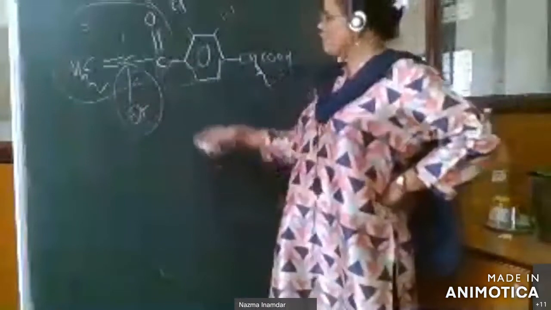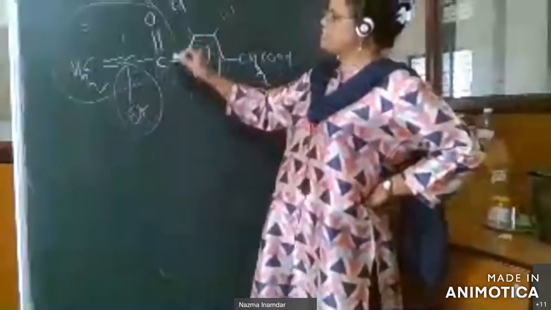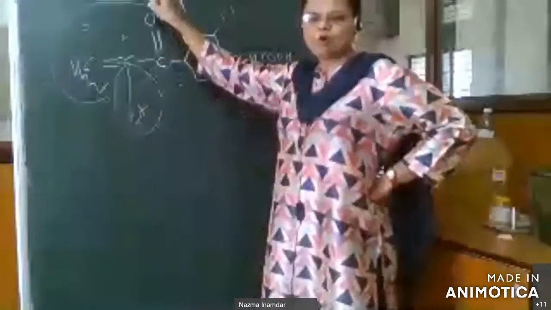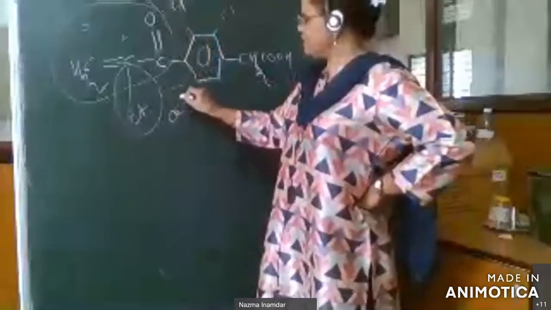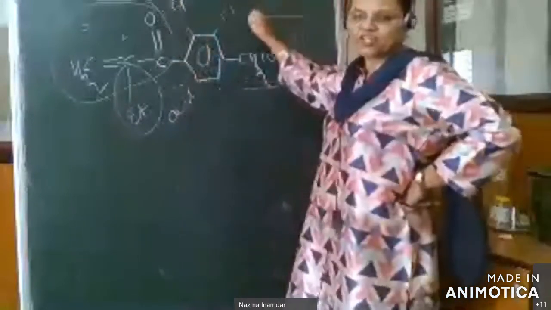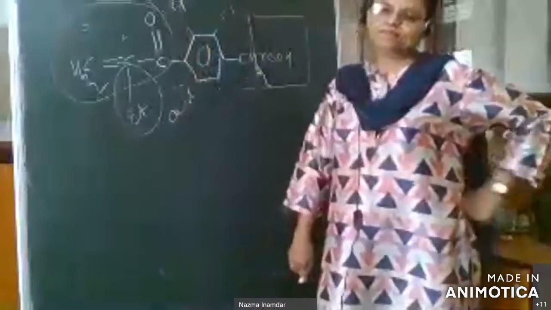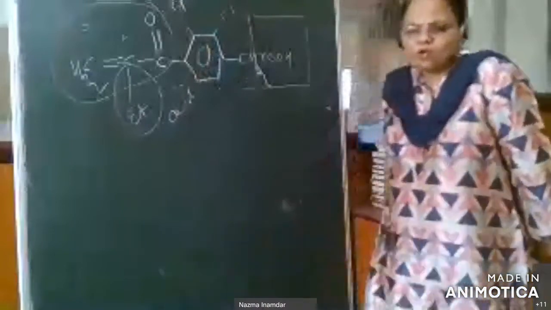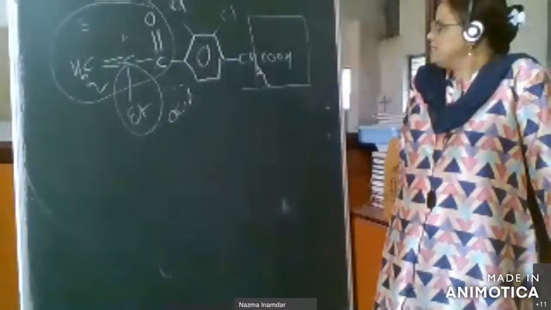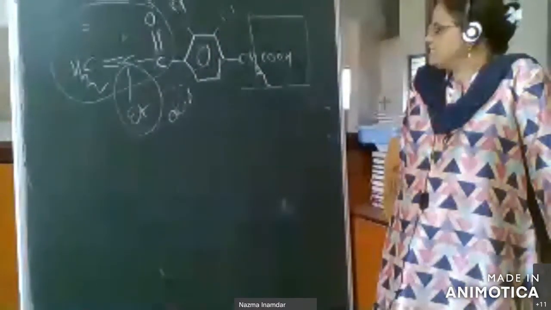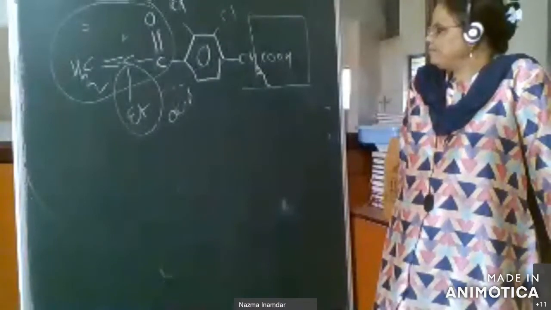Ethyl group is present. Again, if you see here, this function CH2COOH is acidic in nature.